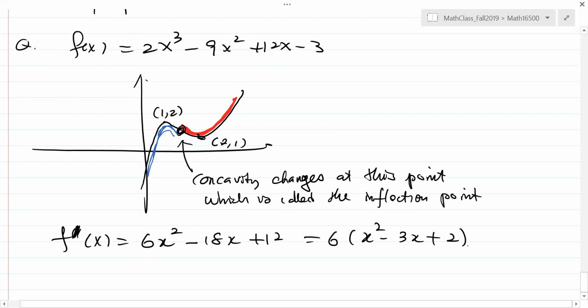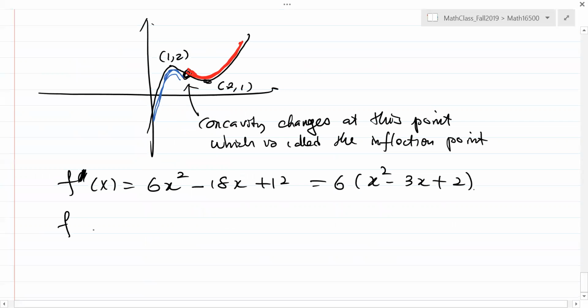So the second derivative is going to be 12x minus 18, or 6 times 2x minus 3. If you set this to be 0, x equals 3/2, which is 1.5. It's between 1 and 2.